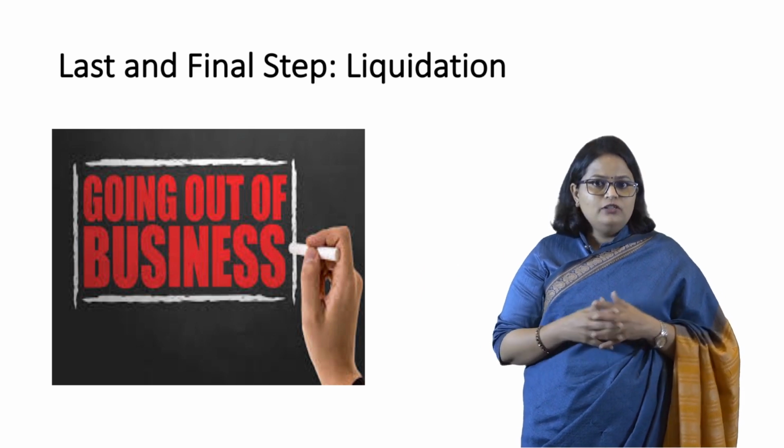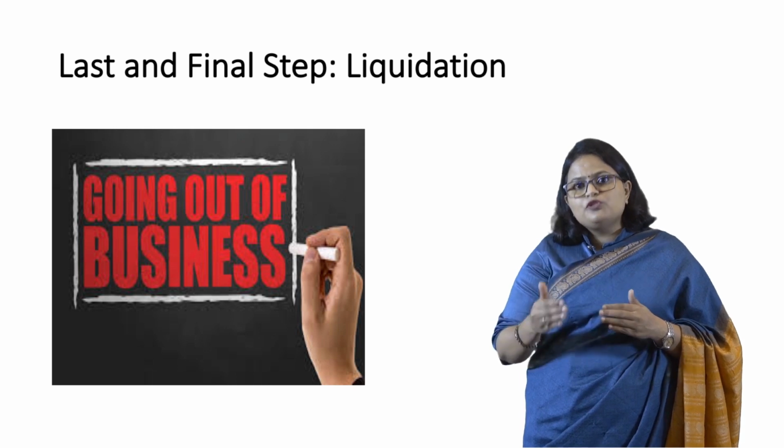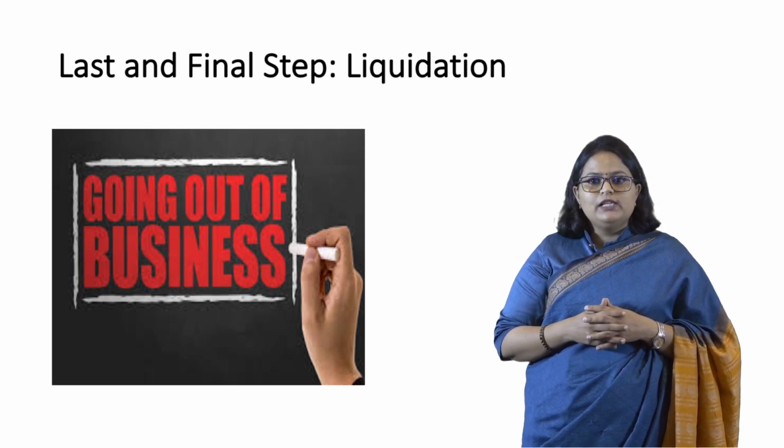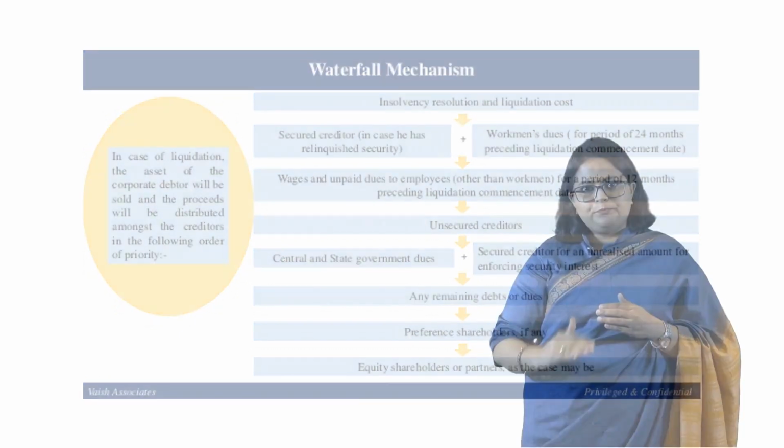In case of liquidation, proceeds from the sale of the debtor's assets are used to repay its outstanding dues in the following order: fees of the IP and other costs related to the resolution process, secured creditors and worker dues, employee wages, unsecured creditors, dues to government, any other remaining debt, and lastly the shareholders. This particular way of distribution of assets is popularly referred to as the waterfall mechanism.